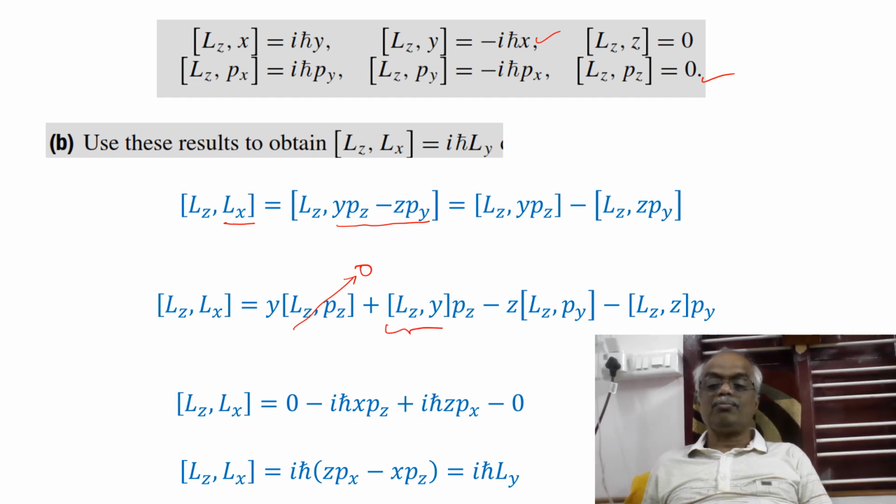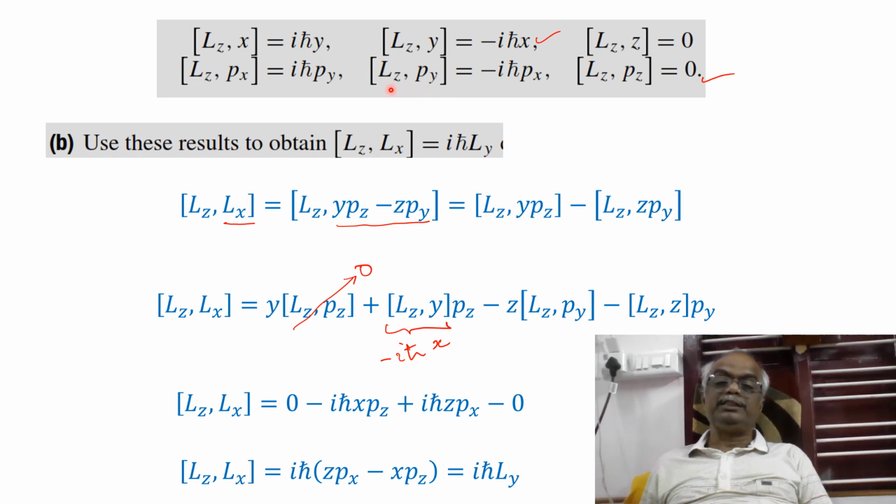This is minus iℏ cross x. Then the third one is [Lz, py]. What is [Lz, py]?